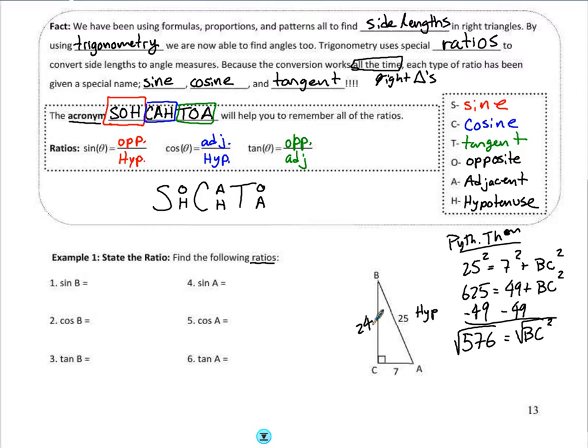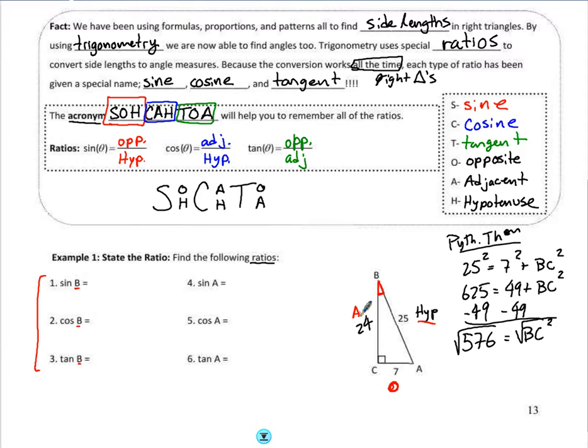So the first part, questions 1 through 3, they're asking for the sine, cosine, and tangent at angle B. If I'm standing at angle B, I need to identify the hypotenuse, the side that's opposite of angle B, which would be CA, which we'll denote with the letter O, and the side adjacent, not the hypotenuse, would be side BC.